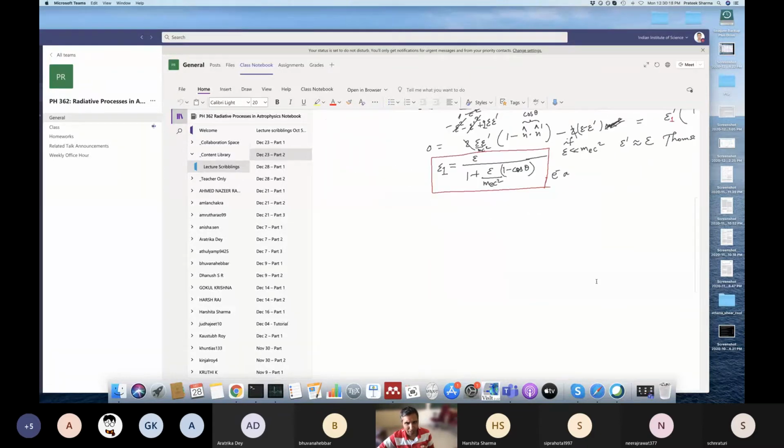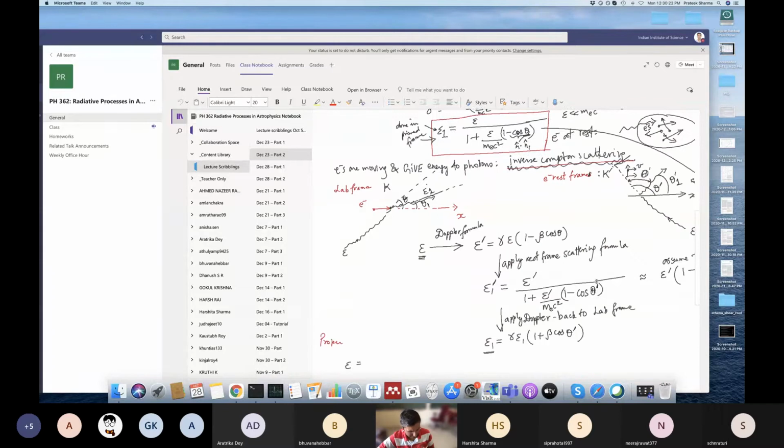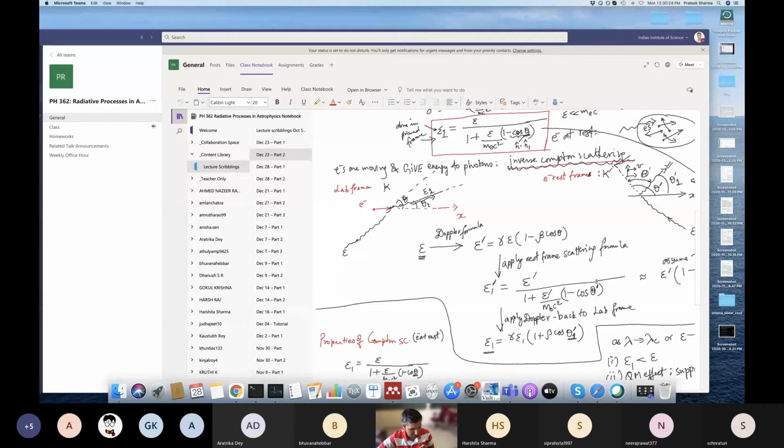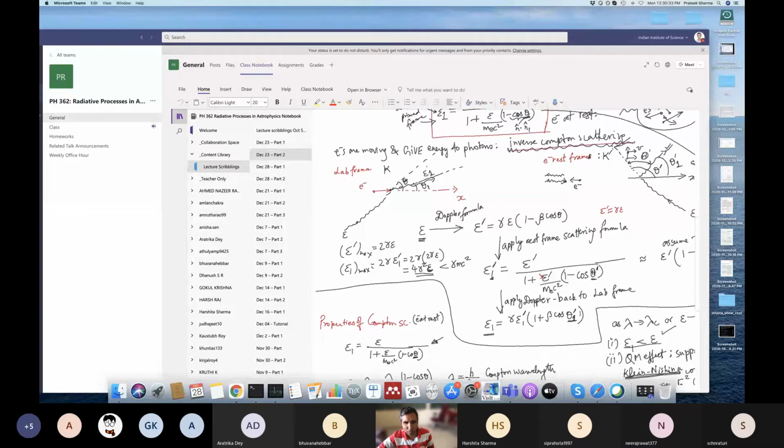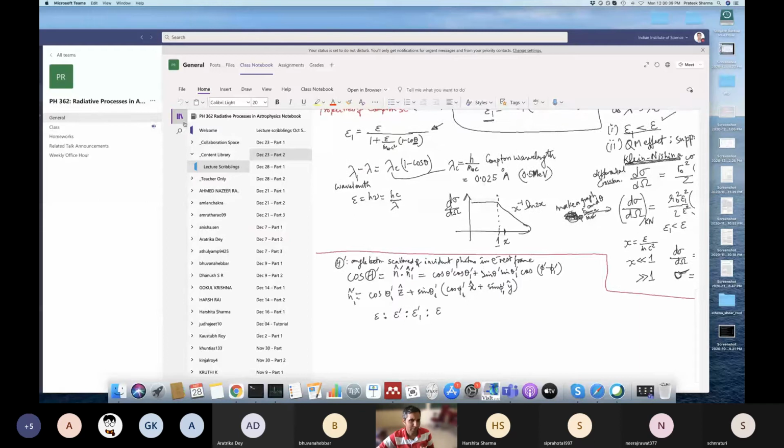But if you go to a frame in which electrons have more kinetic energy than the photons, then they can actually give energy to photons. So this is what we were considering, right? So this is where we were.